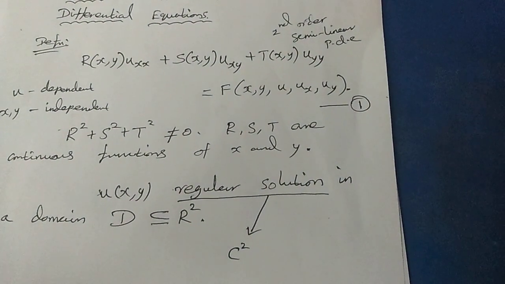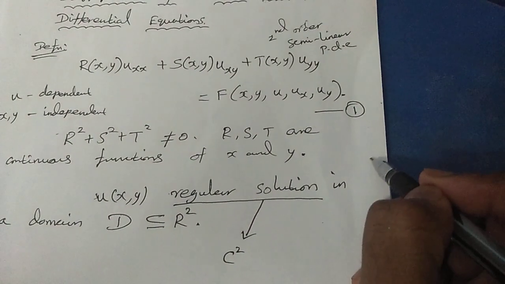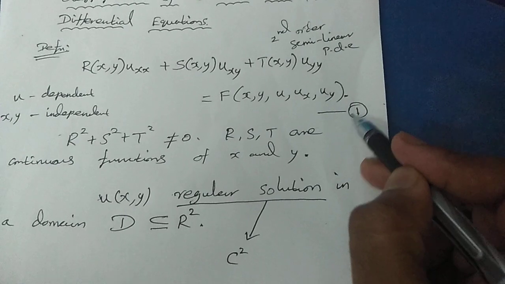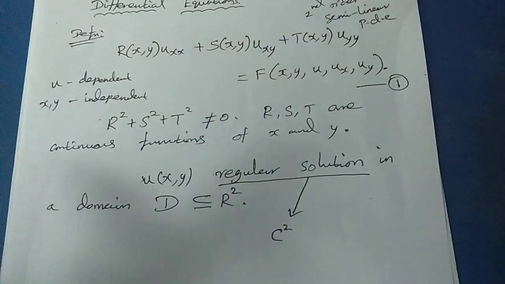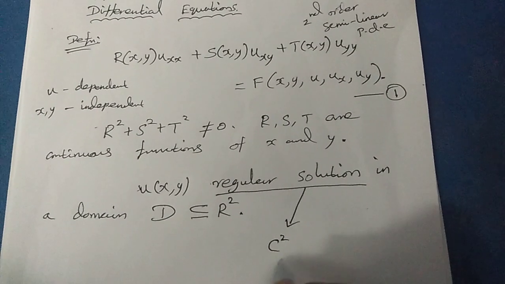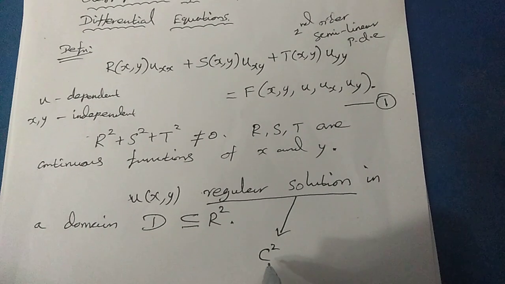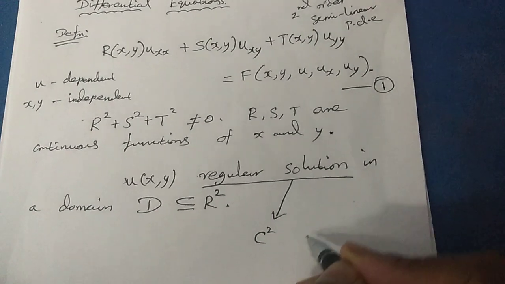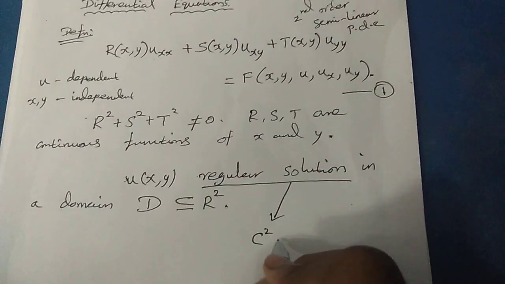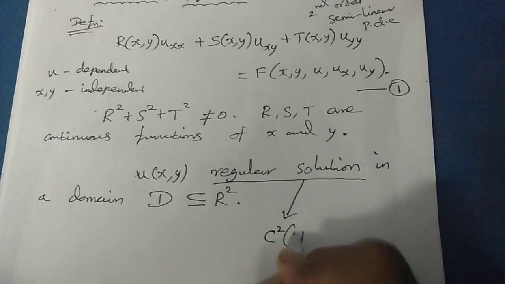So what is a regular solution? A regular solution is a solution which satisfies our equation 1, as well as the solution is a function that satisfies the C2 condition. What is C2? C2 is nothing but continuously twice differentiable functions. So C2 of some domain D, right?